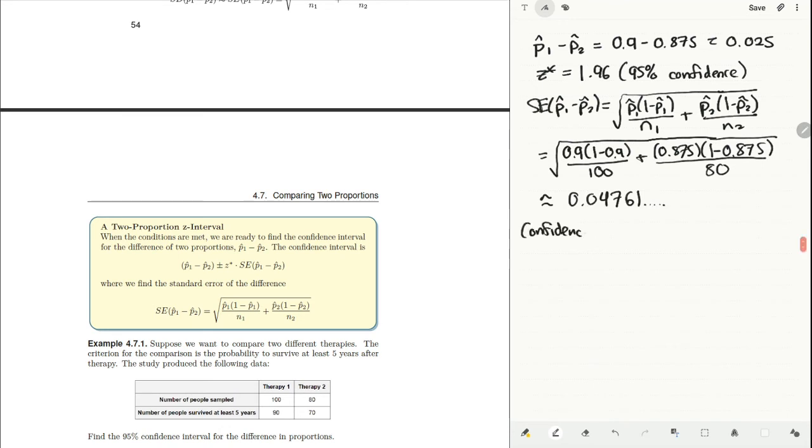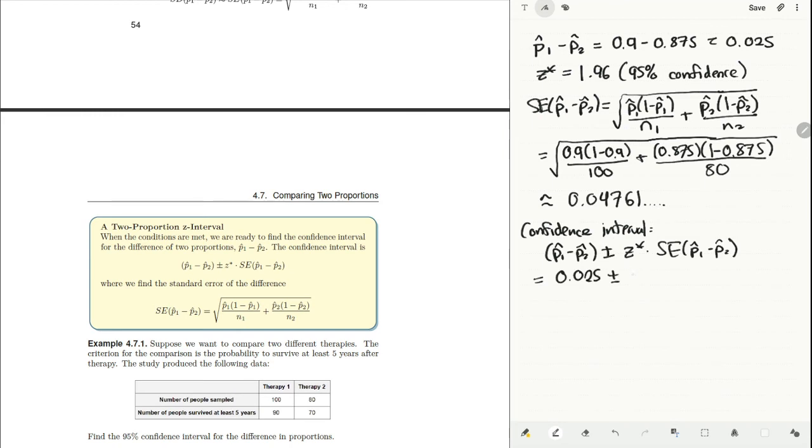And now we can determine the confidence interval. So we take our estimate of their difference, which is 0.025.